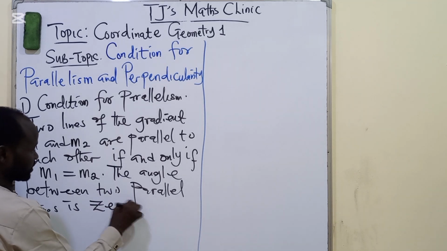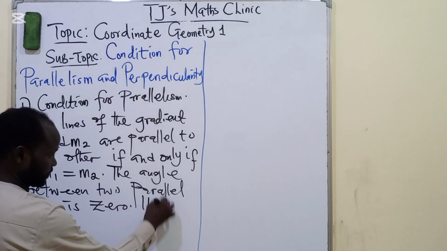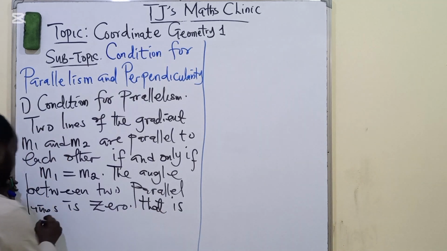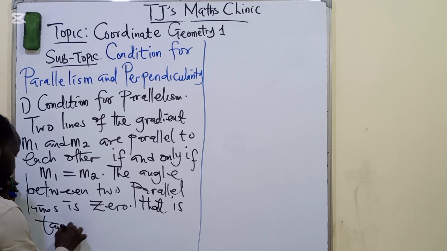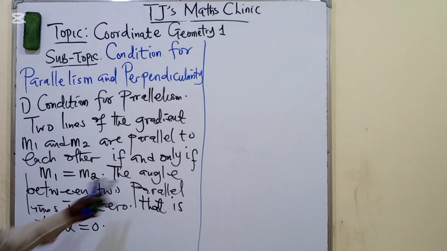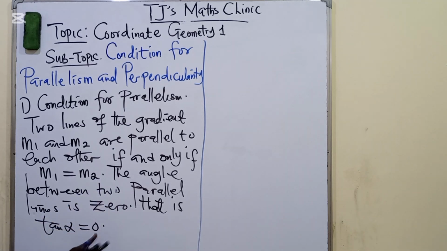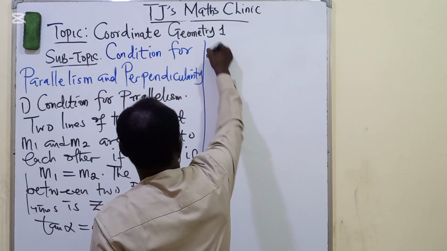The angle between two parallel lines is 0, that is tan alpha is equal to 0. Very important. Let's look at the second one.